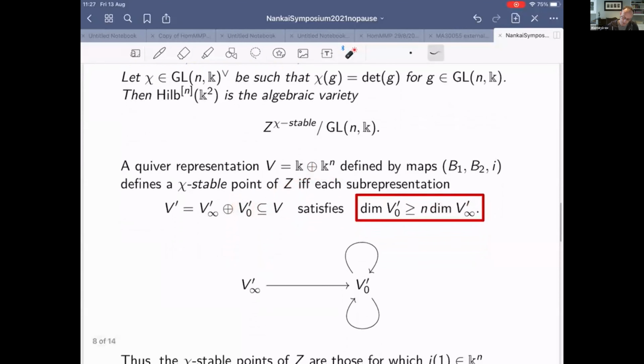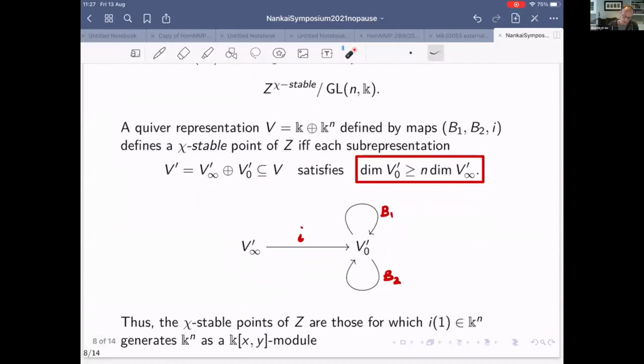In other words, this map I, let's put this in red. This map I, and remember that B1 and B2 are here, for every sub-representation, whenever that's non-zero, in other words, whenever it's a one-dimensional vector space, V0 prime has to be the whole of Kn. So this map I, and then all these maps, must generate the whole of the n-dimensional vector space.